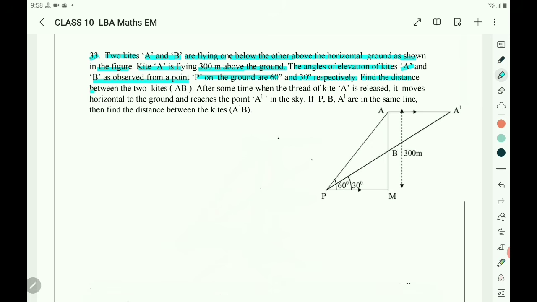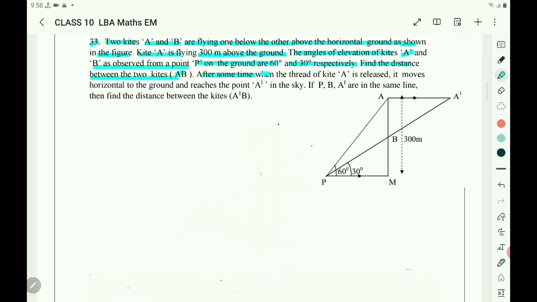Find the distance between the two kites AB. After some time, when the thread of kite A is released, it moves horizontal to the ground and reaches the point A dash in the sky. If P, B, A dash are in the same line, then find the distance between the kites A dash B.